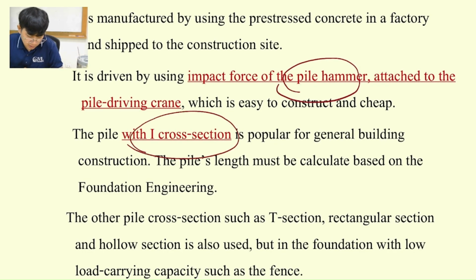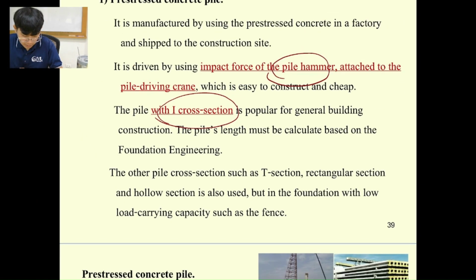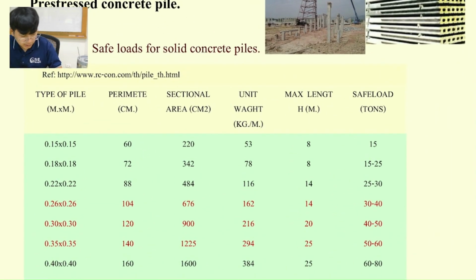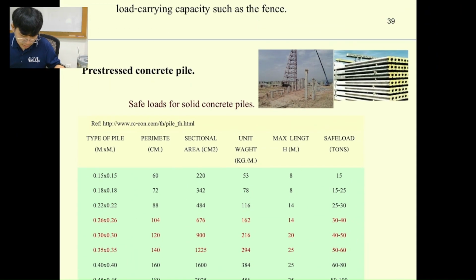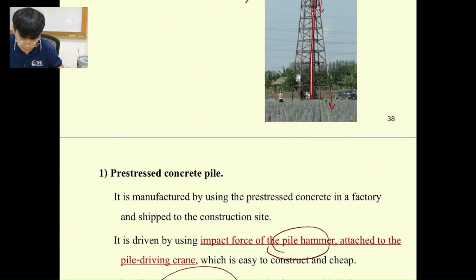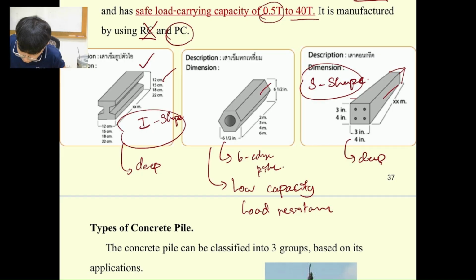The I cross section is the popular one. All right, and then these are the sections. Even if it is an I section or S section, we're going to assume that it has a similar dimension for both sides.